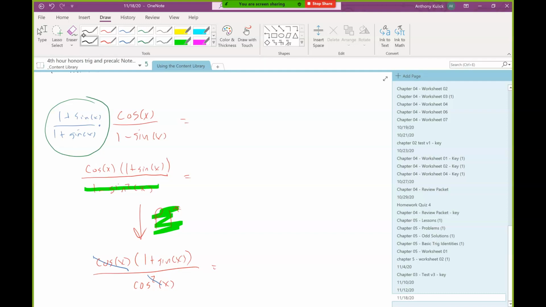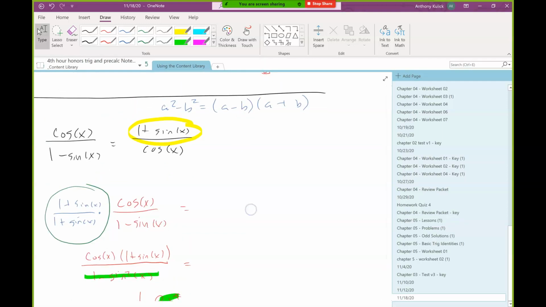I'm not trying to add two fractions, so there's no common denominator to make. Now, if you wanted to think about it as, I know what I'm trying to get to has a 1 plus sine x in it, and the only way I can get a 1 plus sine x from a cosine is by putting it in there myself and multiplying the top and bottom by 1 plus sine x. You could think about it that way. That's not an unreasonable way to think about it.